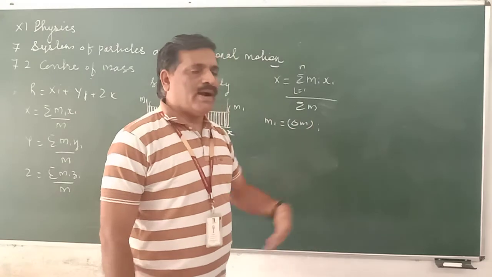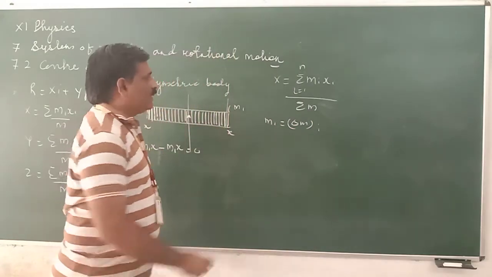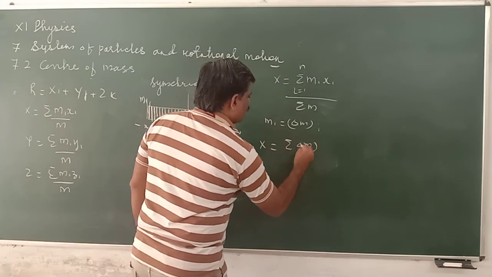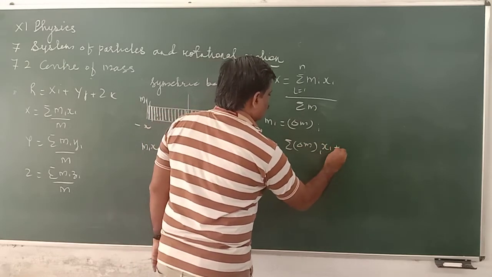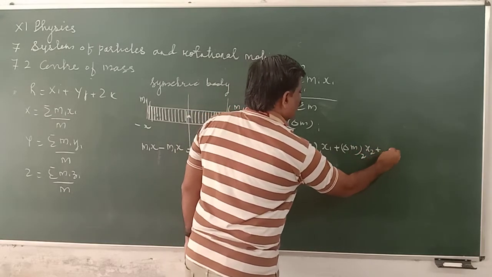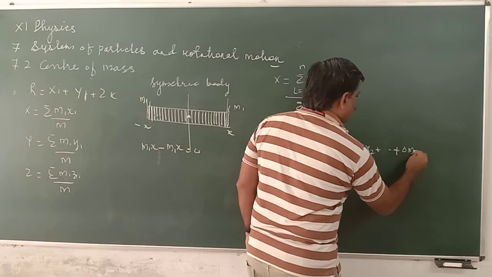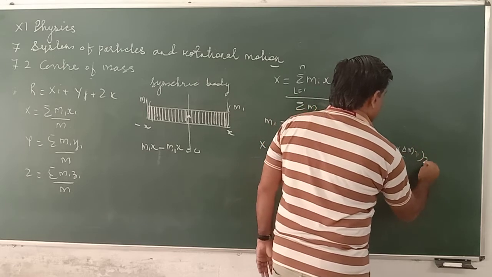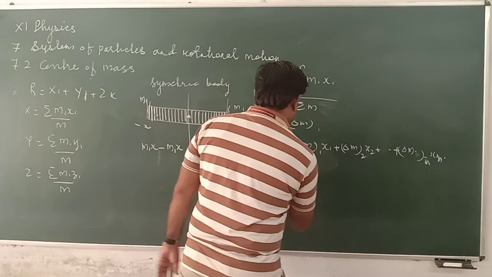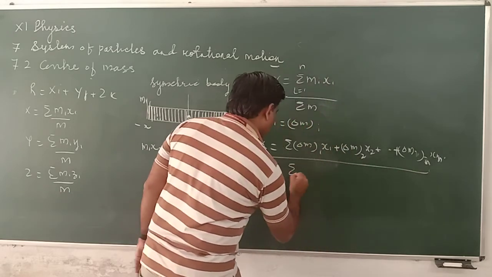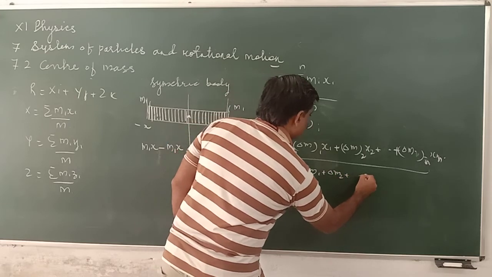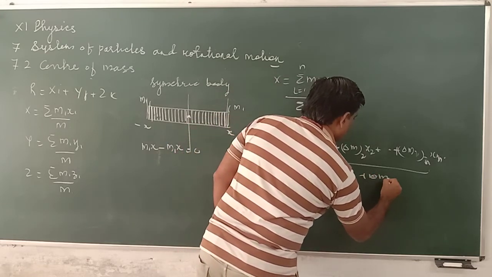When we go on dividing into small elements, then x becomes delta m1 x1 plus delta m2 x2 plus delta m3 x3 and so on up to xn, divided by summation delta m1, delta m2, delta m3.